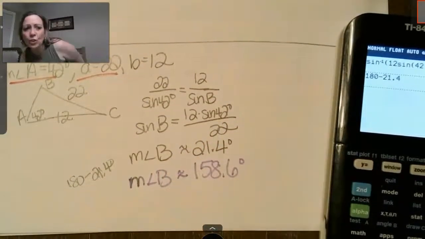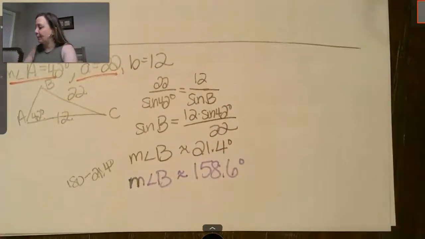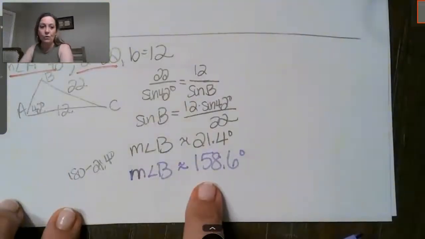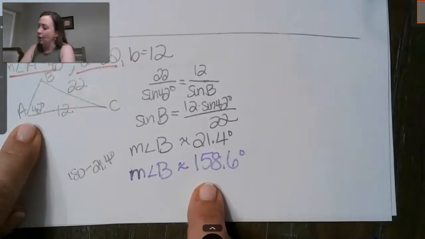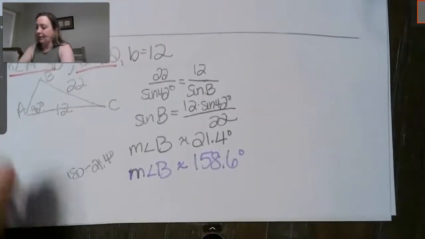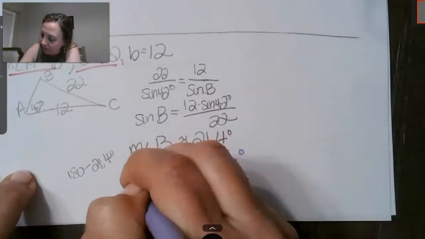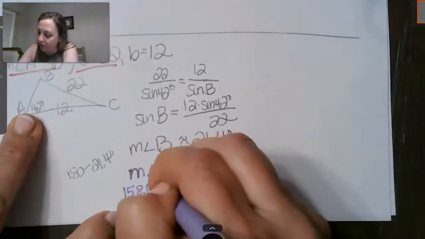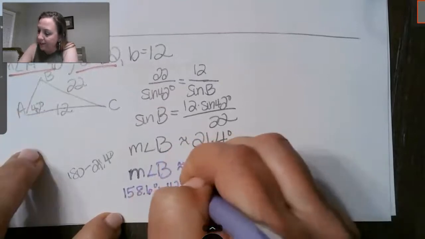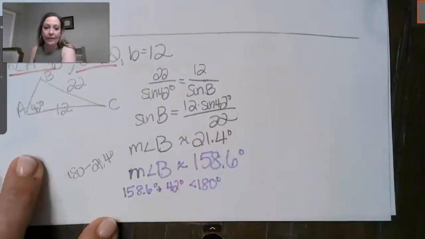Okay, so now is it possible for me to make a triangle with those 158 degrees and the 42? Well, let's take a look. We could take the 158.6 degrees plus the given 42 degrees. Is that less than or equal to 180?